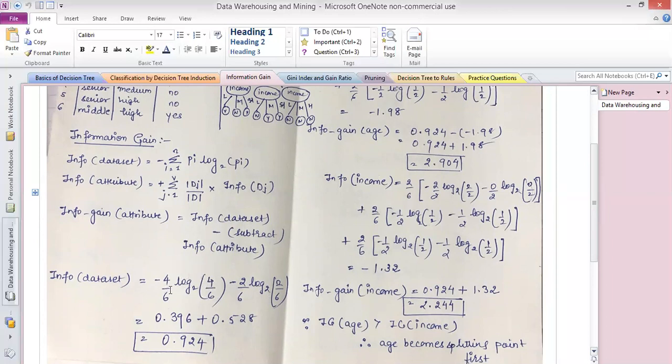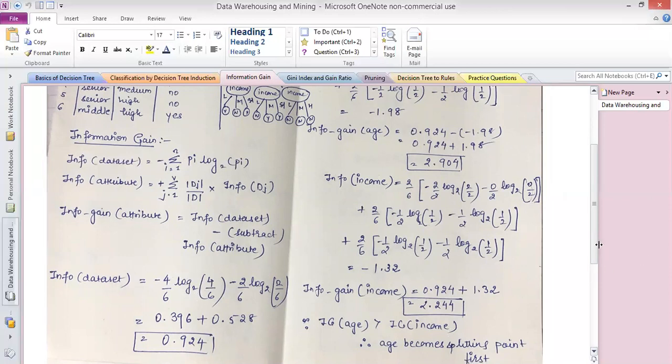And whatever it is a negative term, which ultimately will turn positive because this value itself is going to be negative. All right, you calculate it using a calculator. For any queries related to this, you can then later on ask me. But how you calculate, you remember log 4 by 6 divided by log 2 will give you this answer. This will directly not be available in your calculator. All right, okay. So I hope you're understanding how do you calculate this term, the information of the data set.